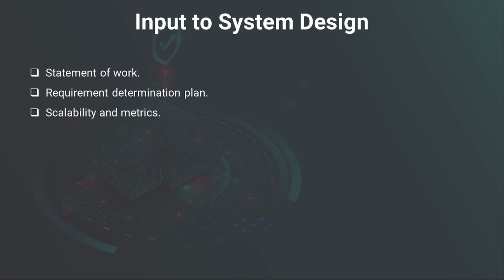It defines the scope of the work, actions or operations of the system, and the final output of the system after these actions and operations are performed. Then there are scalability and metrics. This defines at what level of usage the system should operate, whether and how it should have monitoring, alerts, as well as how the system should perform in its worst case situation.